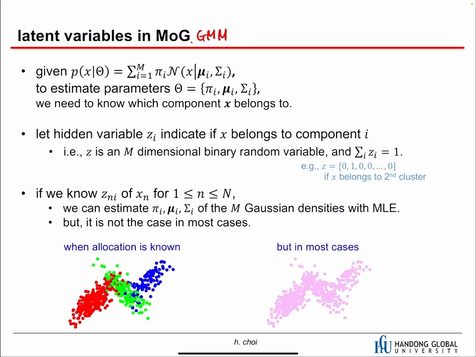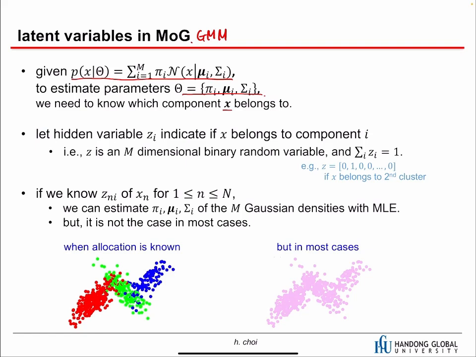expectation maximization. Given this mix of Gaussian distribution, to estimate parameters we have to know which component x belongs to. Think about the k-means algorithm. In k-means, we have 2 steps: first the assignment step, and second the update step. In the update step, we used the mean. We didn't talk much about variance.